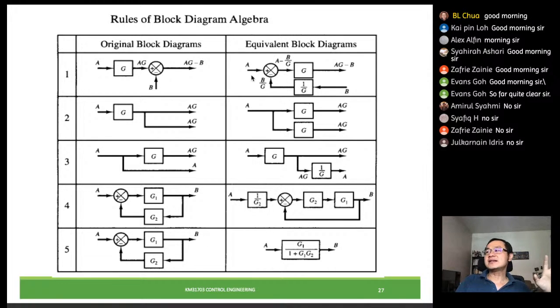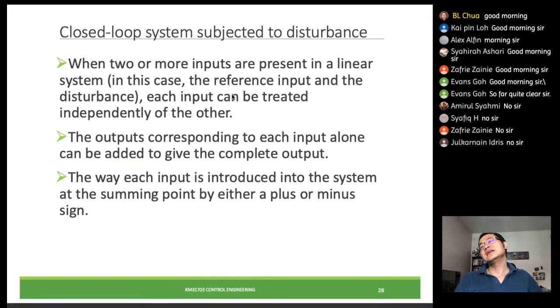So if you can recognize this, then everything would be fine. Then also, if you are able to do the series and parallel forms of simplification, then everything would be fine. This is just like the algebra of it, the plus, minus, multiply, divide operations, but in the form of a diagram, translated into transfer functions, right?